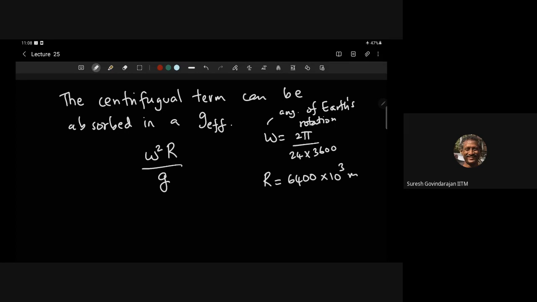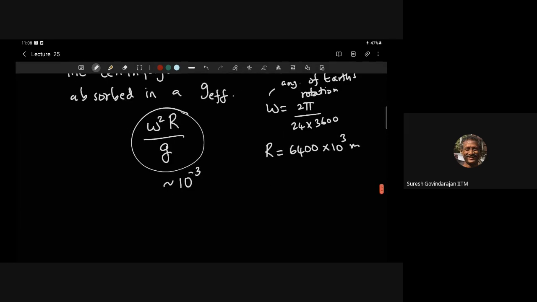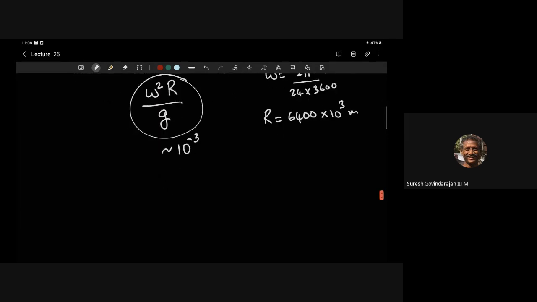You plug all these numbers in, and you will see that this is of the order of 10 to the power minus 3. It is small, but let's leave it at that.